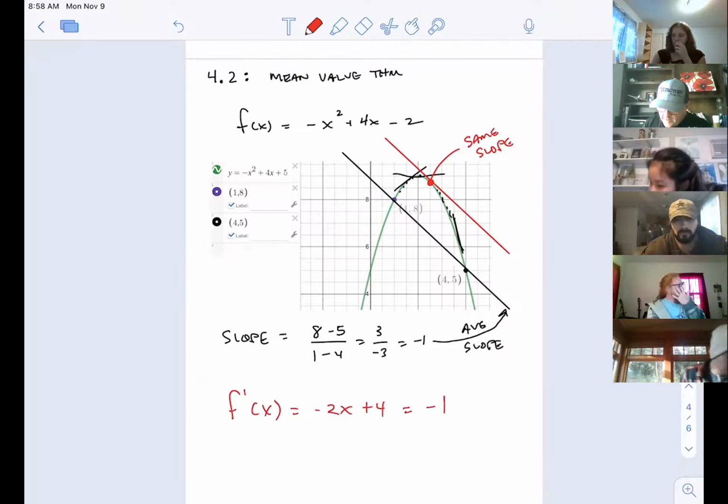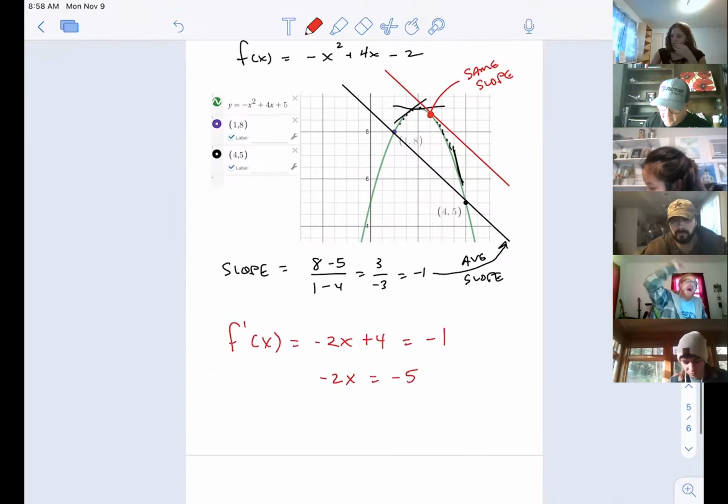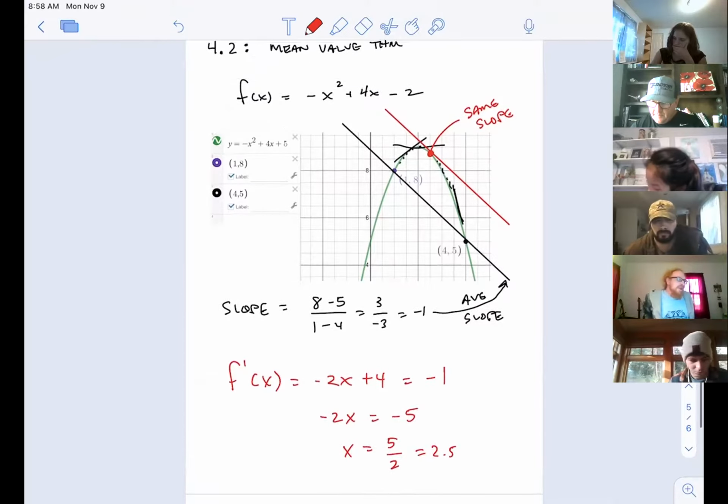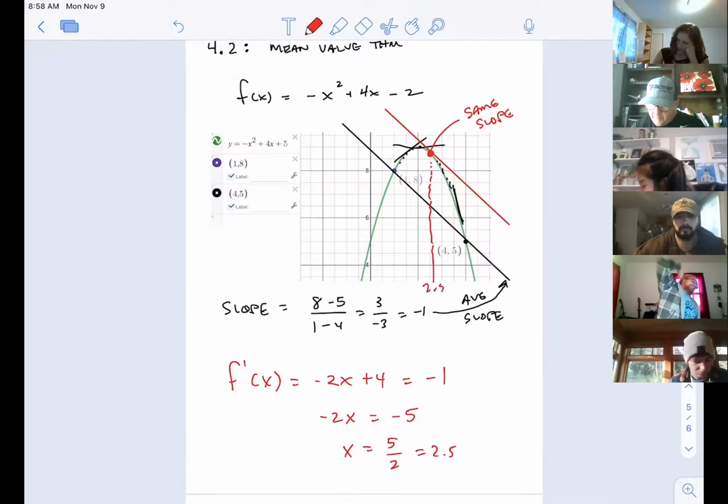If I subtract 4 over to the other side, I get -5. If I divide by -2, I get 5/2 or 2.5. And so that's what I'm saying this point is, that x is 2.5. Again, that looks reasonable. It's between 1 and 4.